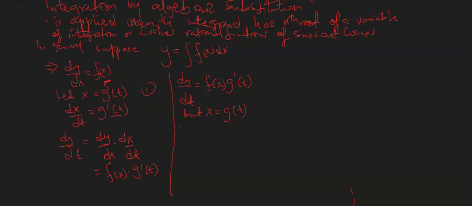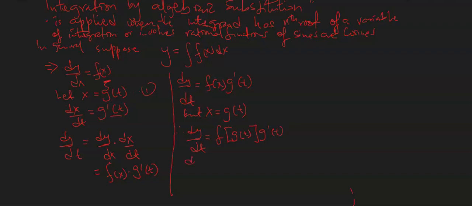And therefore dy/dt will be the same as f of g of t times g prime of t.